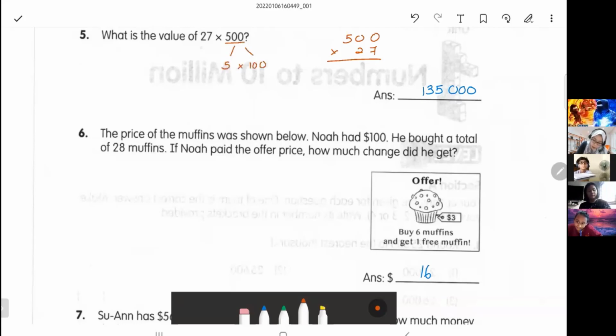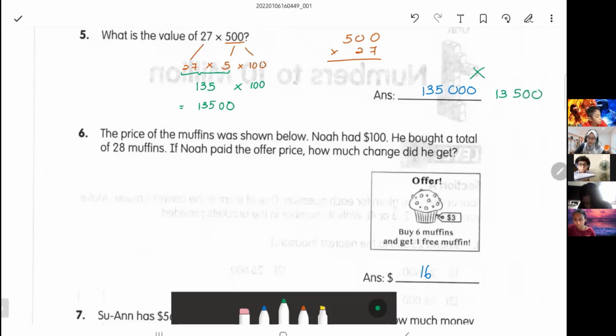So 27 times 5 first, and then once you get your answer, you times it with 100. 27 times 5 is 135. 135 times 100 equals 13,500. All right, next question.